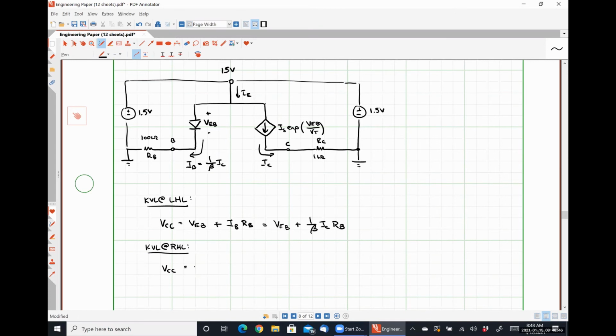So let me ask a question. What's the voltage drop over that dependent current source? That's the hard part of this. Any thoughts? 1.5 minus the voltage drop.